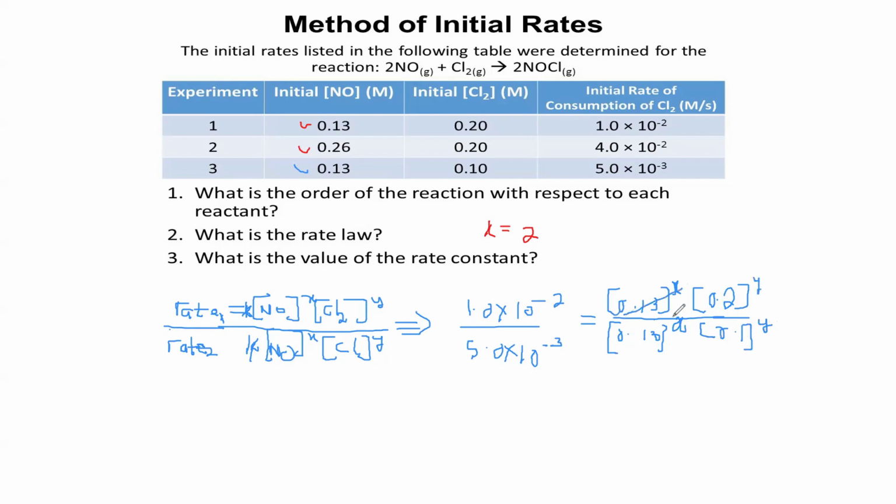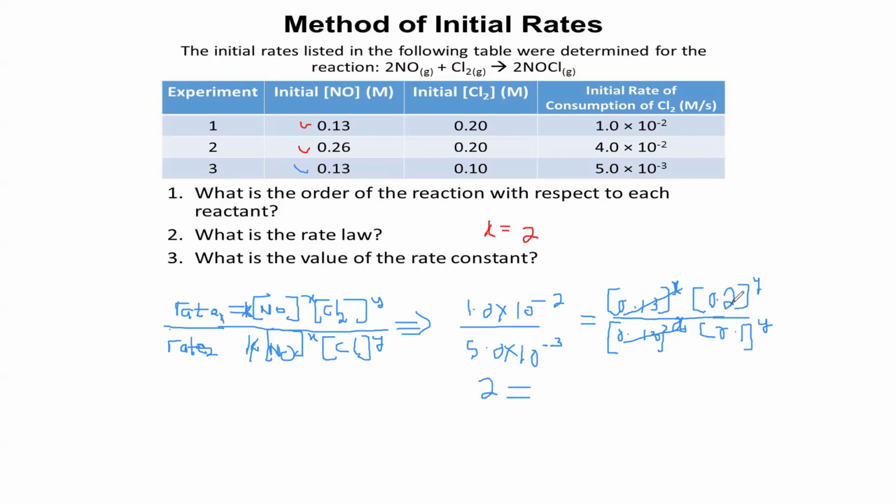So this one will now cancel this, and when we take this and divide it by everything here, at the end we are going to have 2.